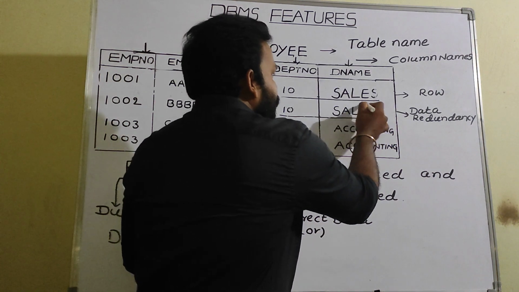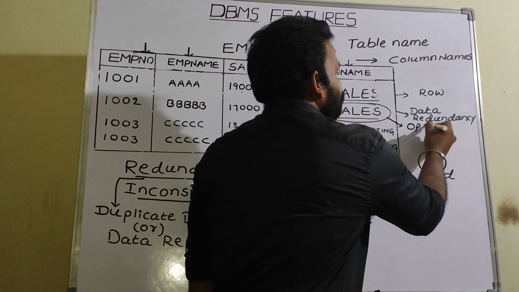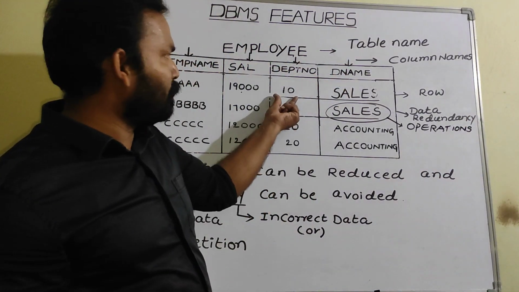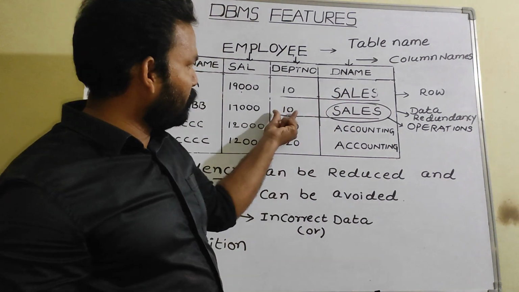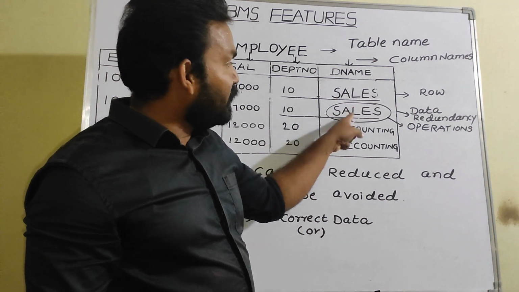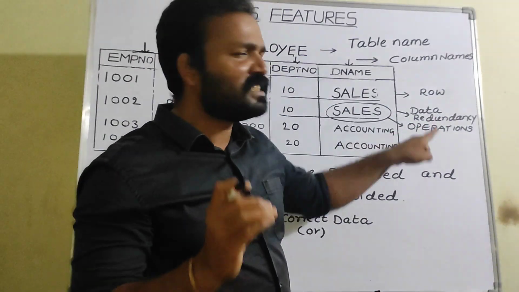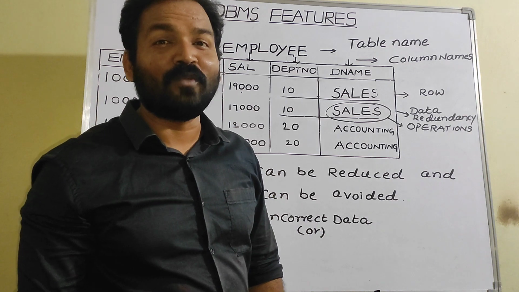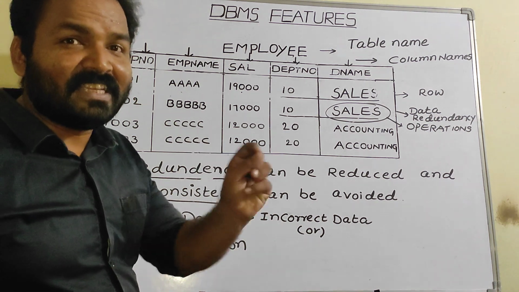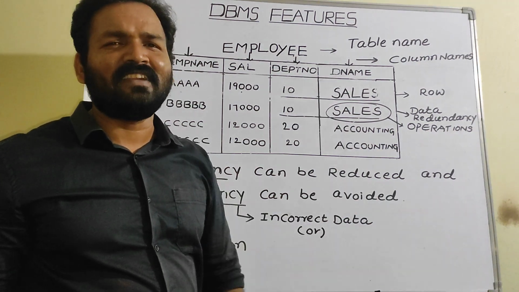Instead of sales, if you are given operations as the department name for department number 10, it is called data inconsistency, or inconsistent data.